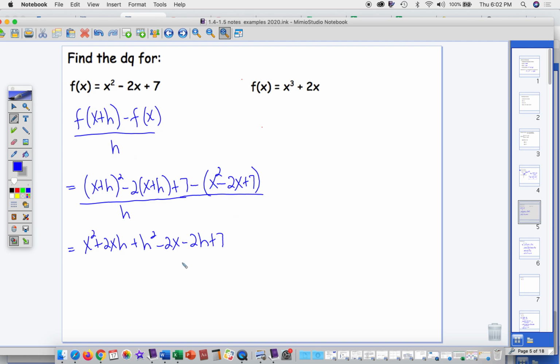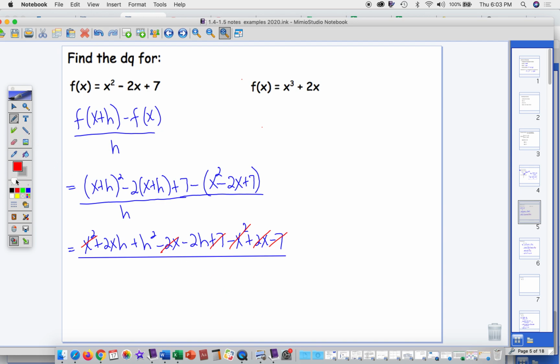So this expansion is again just this first part here, and now I'm going to distribute this negative. So it's minus x squared plus 2x minus 7. Now a lot of terms are going to drop out. Let's see what we've got here. We have x squared minus x squared, we have minus 2x plus 2x, plus 7 minus 7.